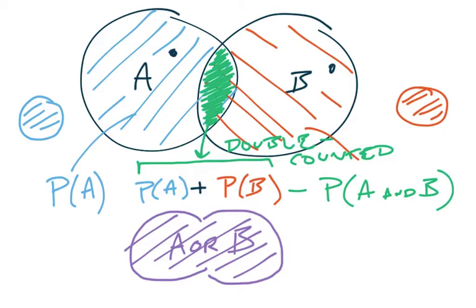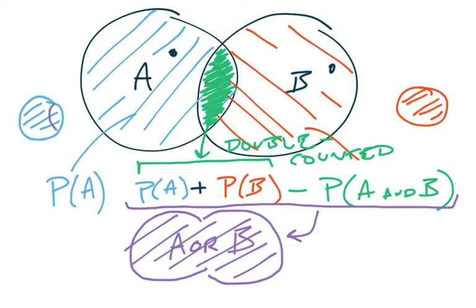So this purple area, which is what we want, is going to be exactly the probability of A plus the probability of B minus this overlap, which gets double counted by simply adding the areas of A and B together. If you visualize them as these areas, this green area in the middle would be accounted for in both.